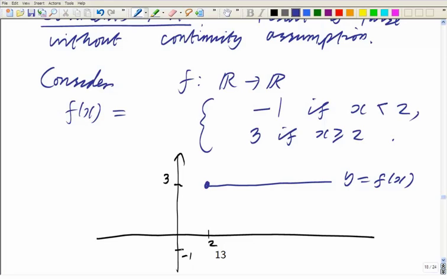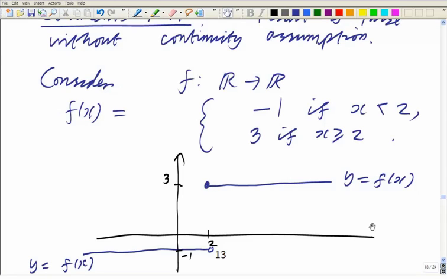And this point here is excluded. And you come in along minus 1, so that point's excluded, until you hit 2, when you jump up to 3, and that's a typical discontinuous function.